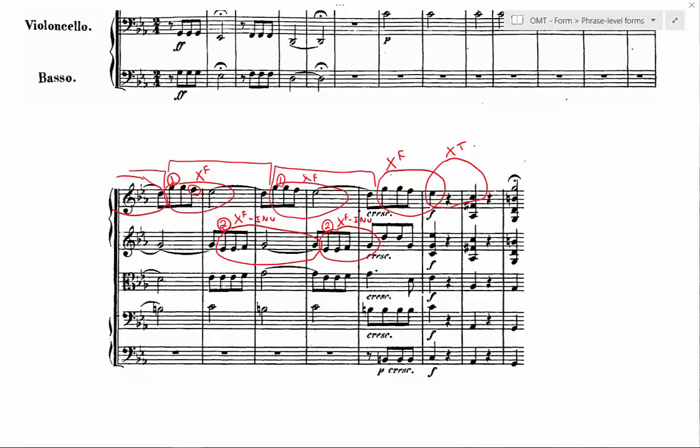And then the rhythm also has been varied of X transposed. And then we arrive at our cadence. So there's a motivic analysis of the opening of Beethoven's Fifth Symphony.